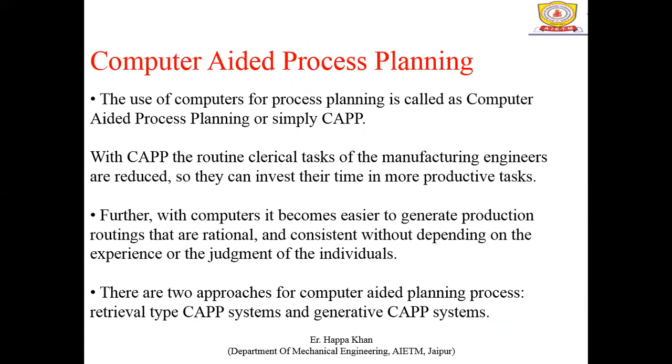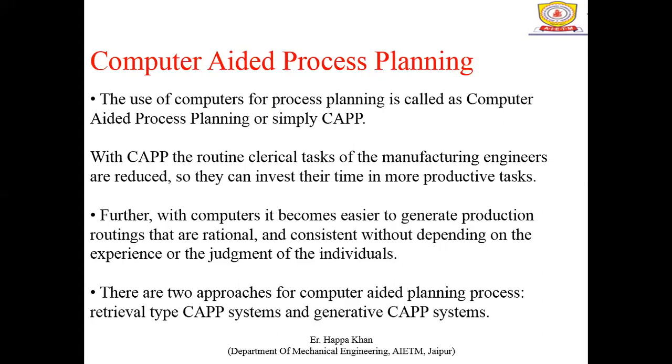Now let's start the topic computer-aided process planning. The use of computers for process planning is called computer-aided process planning, or simply CAPP. So if you are using computers for process planning activity, that is known as computer-aided process planning.